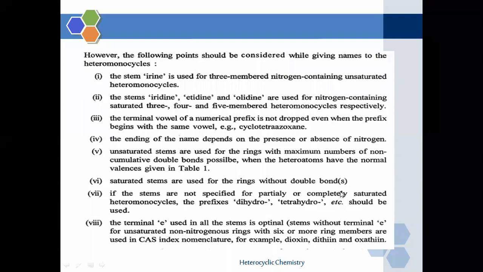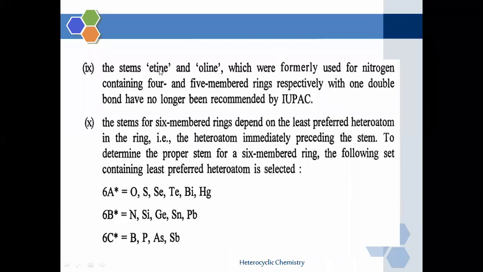That type of wording we use when the compound is not completely unsaturated. The stems etene and olene, which are commonly used for nitrogen-containing 4 and 5-membered rings respectively with 1 double bond, are no longer recommended by the IUPAC nomenclature system.